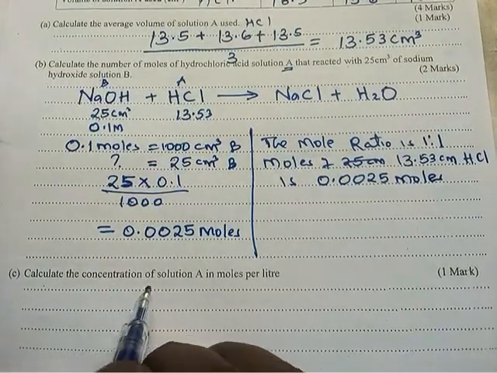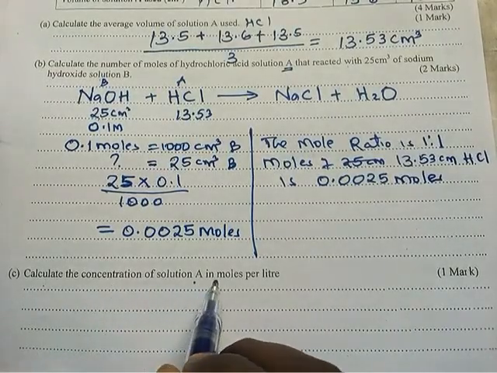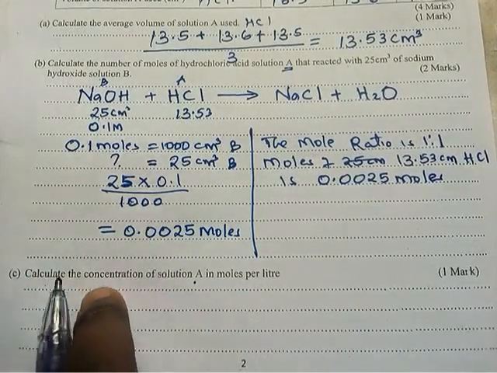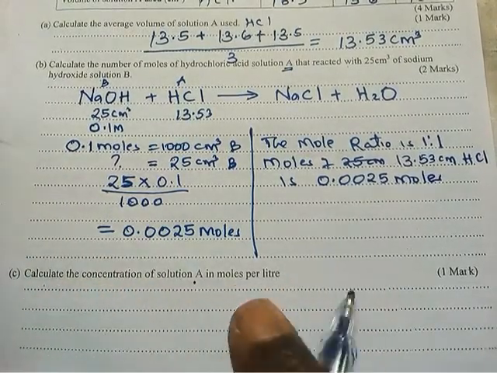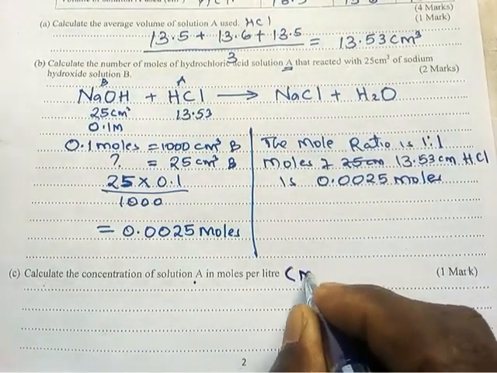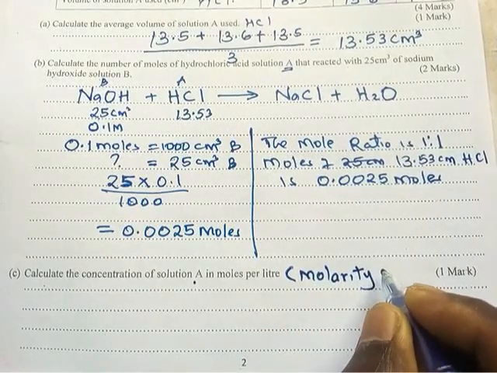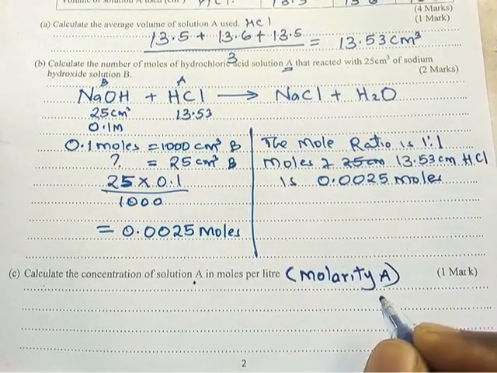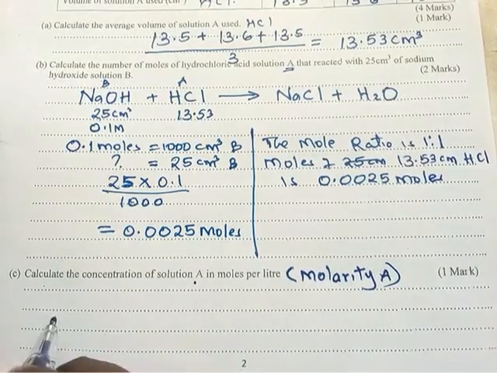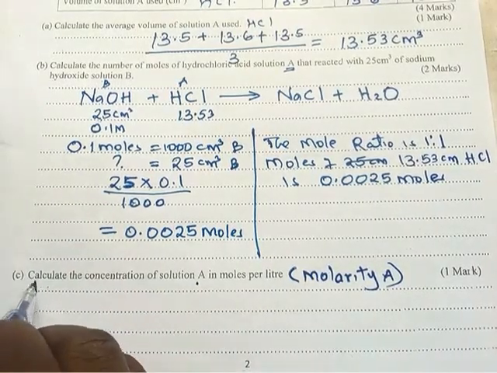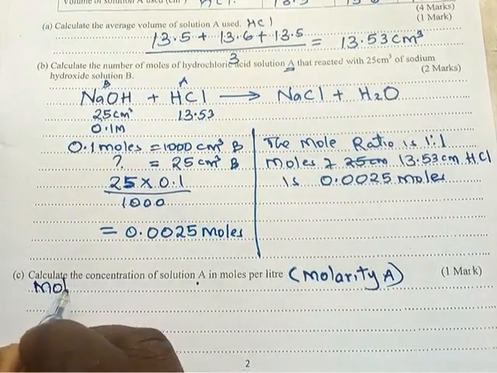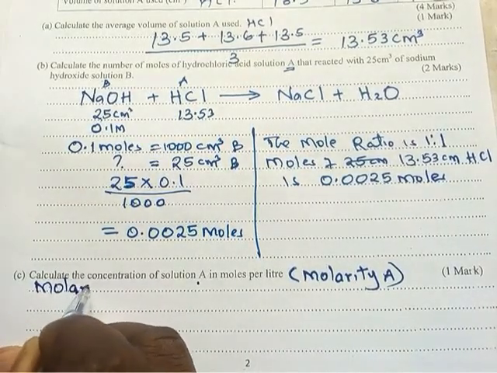Calculate the concentration of solution A in moles per liter. Concentration in moles per liter simply means calculate the molarity of solution A. And what is molarity? You should always know that molarity, you don't have to write this, but because I'm teaching you, that's why I'm writing this one.